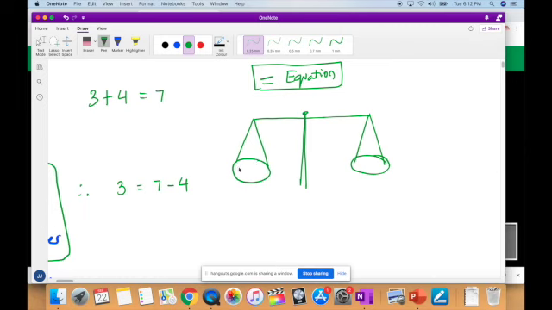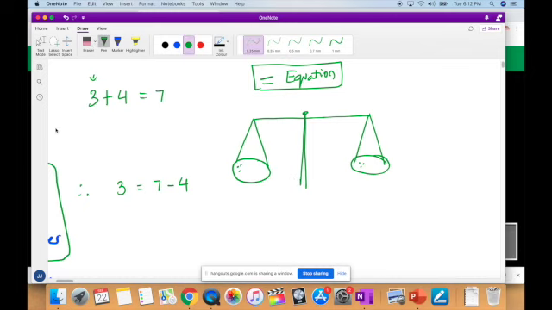So on this side I have 3 and then I have 4, and when I add the 3 and the 4, on this side I'll have 7 just to keep it balanced. Now, what I need to do to get rid of this 4 is take it out of the scale. But if I take the 4 out of the scale on this side, I need to do the same thing on this side in order to keep it balanced.